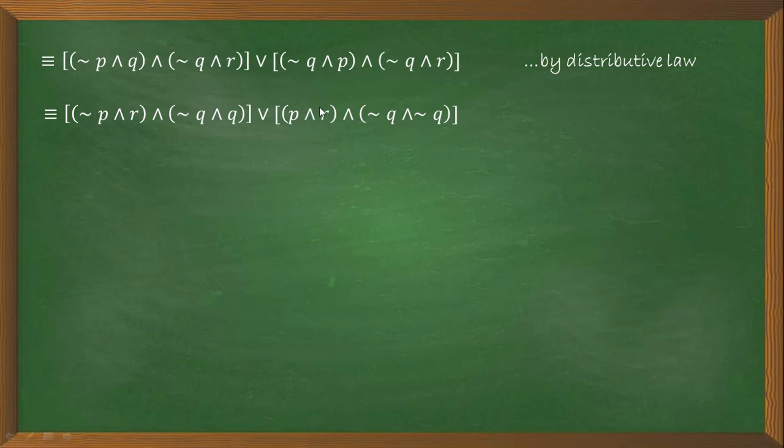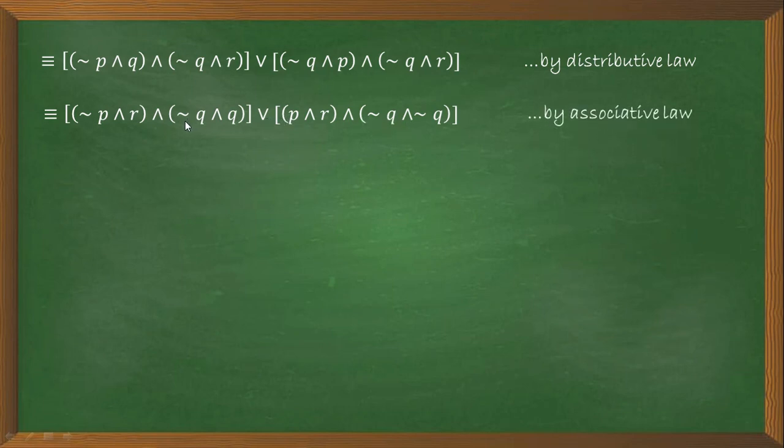So in that second bracket I will keep P and R together, then "and" as it is, and I will keep negation Q and negation Q together. So observe this carefully, and as you know the idempotent law, here the idempotent law is applicable. That's why we have rearranged by using the associative law.